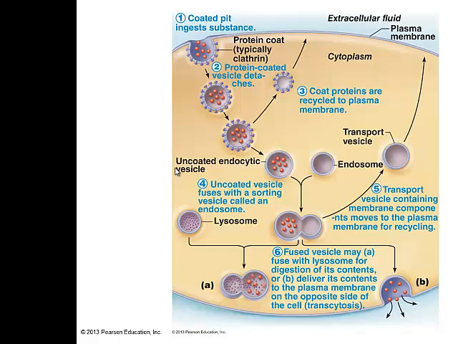On page 78 in your textbook, table 3.2, kind of gives you a summary of all these things, okay? These are all active membrane transport processes. These all take energy to happen.